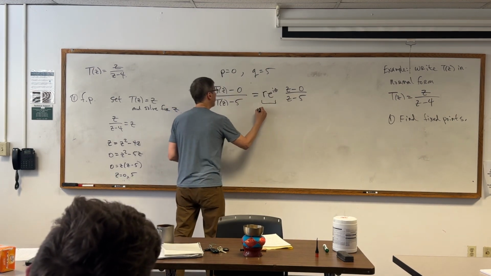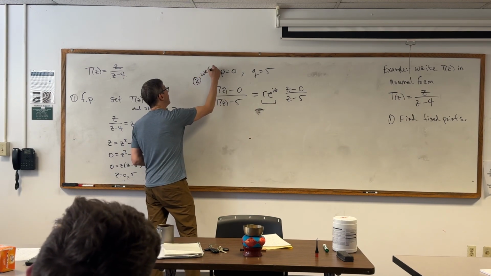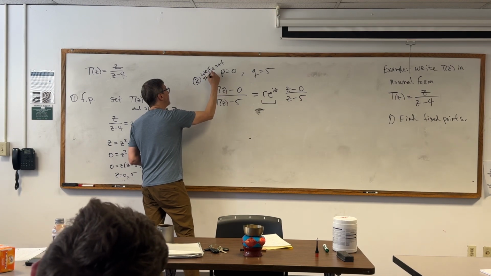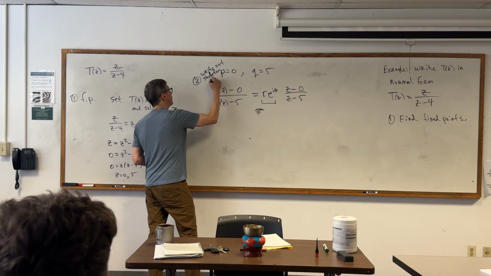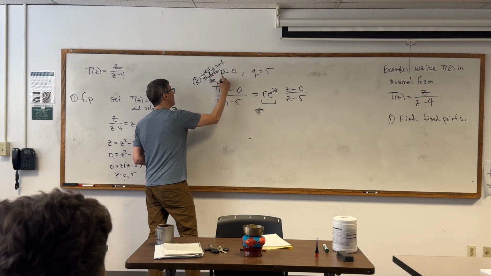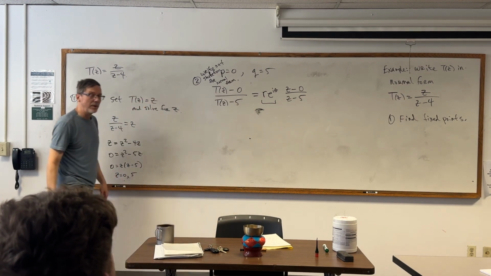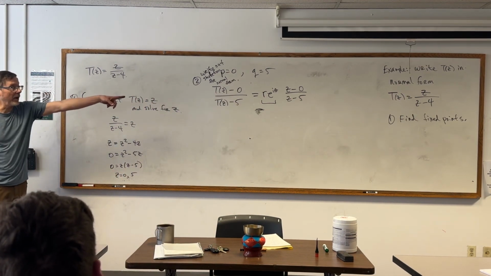So step 2, I guess, is write out the skeleton for normal form. And we've done that. Step 3 is find that r and that theta.